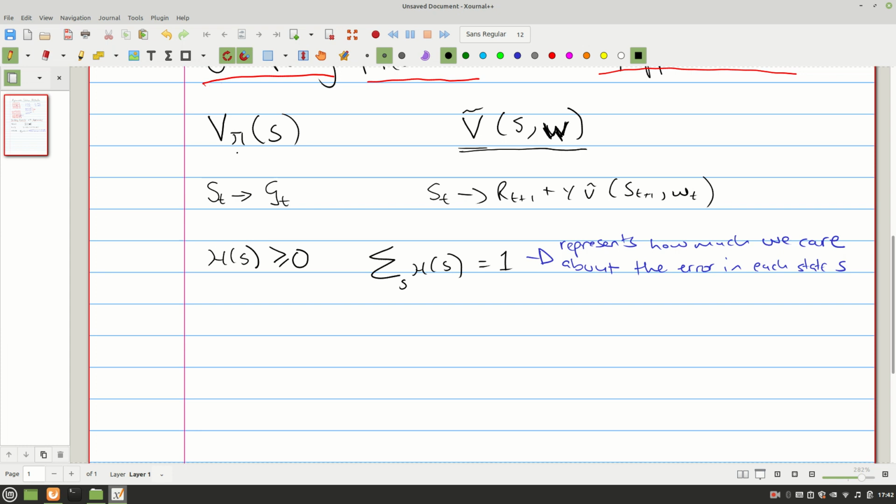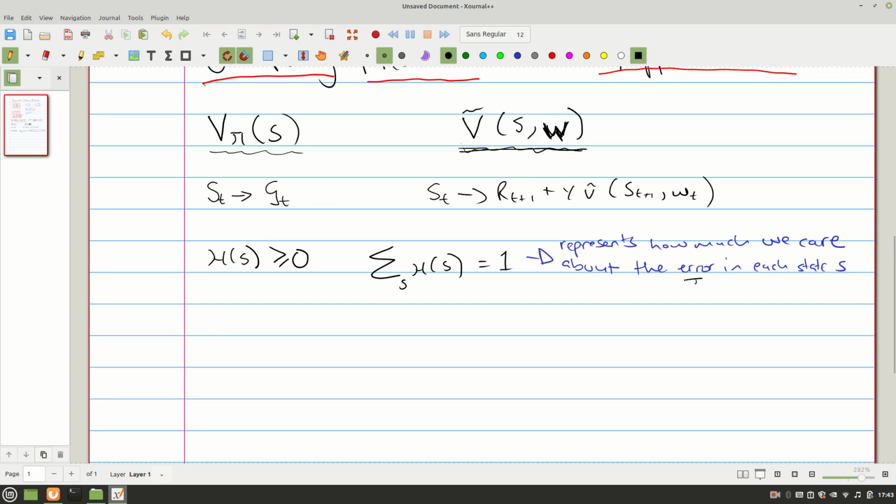Please do not forget the objective here: we're trying to find the true value of a state that we represent by v_π(s), but because the state space is large, we represent this using a function approximator that is parameterized by w. And then we have µ(s) that represents how much we care about the error in each state.